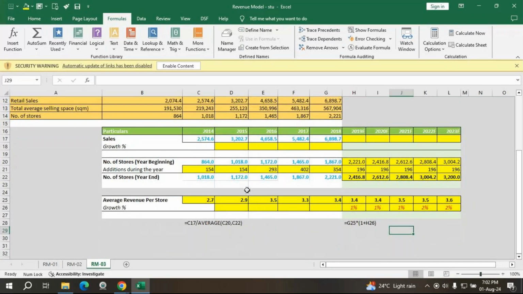If I don't know the average revenue in the beginning of the year and the average revenue for the rest of the years, how will I calculate the number of stores increased, the number of stores at year end and the sales? Here, instead of giving the revenue per store in the beginning, they have given it in the last.